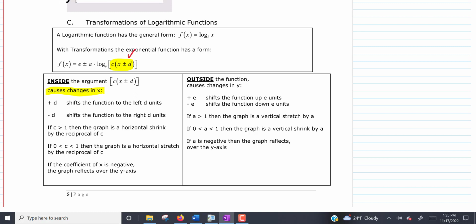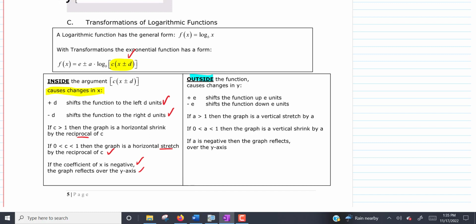So d is going to be left or right, and c is going to be a horizontal shrink by the reciprocal or a horizontal stretch by the reciprocal. If the coefficient of x is negative, you reflect over y. That's exactly the way exponential functions work, and all functions work that way.